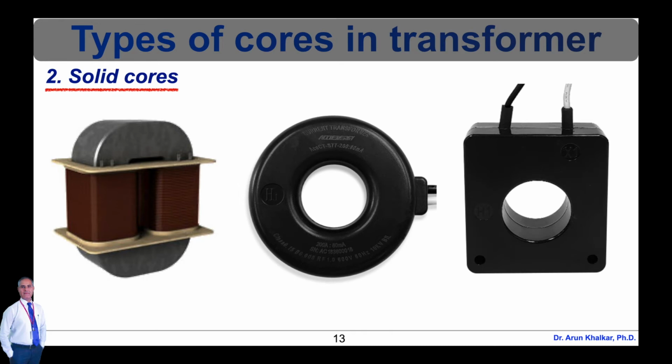The current flowing through the resistance of the metal heats it by joule heating, causing significant power losses. Therefore, solid iron cores are not used in transformers or inductors. They are replaced by laminated or powdered iron cores or non-conductive cores like ferrite.